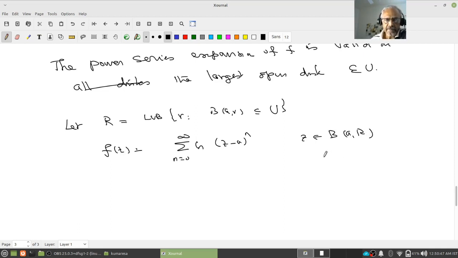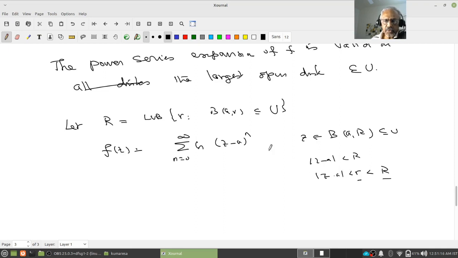Yes? Right. First notice that B_R is contained in U. Why? Suppose z is in this open set, therefore mod z minus a is less than R. Therefore I can choose an r so that mod z minus a is less than little r, which is less than capital R. Are you following? Because R is the LUB.